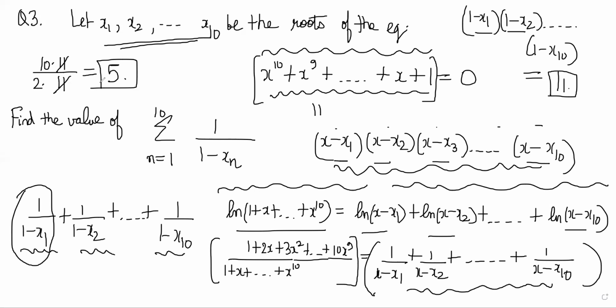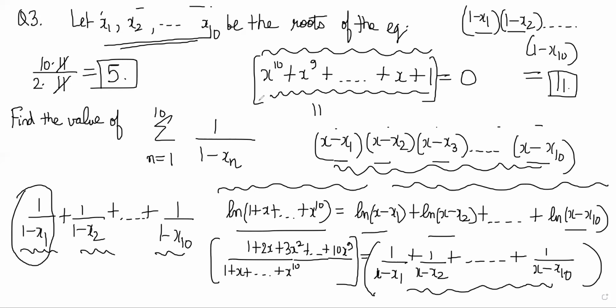Yes. So basically the idea here was if x1, x2 till x10 are the roots of this, then you can write it as a product of factors x minus x1, x minus x2, and so on. Many times just writing it like that is useful enough and you can solve questions from there, because they might ask you something like what is the product of 2 minus x1, 2 minus x2?